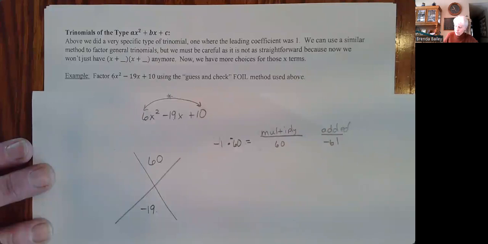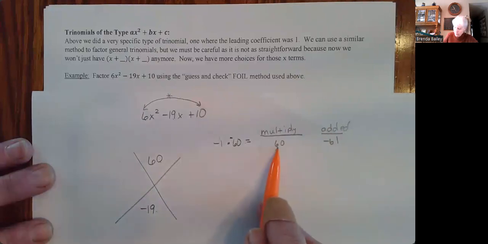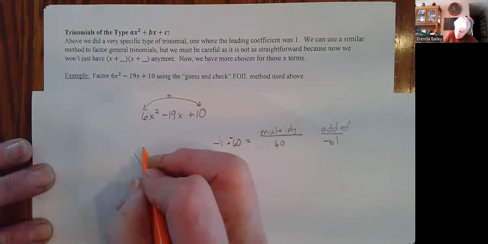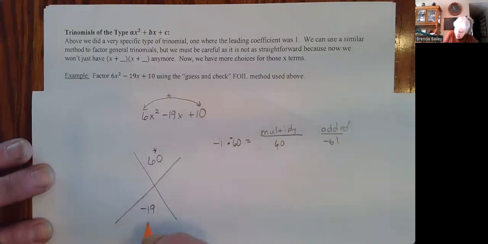That works for here, but not for that one. So you want to multiply to get that, but add to get that. Okay, let's try another one.